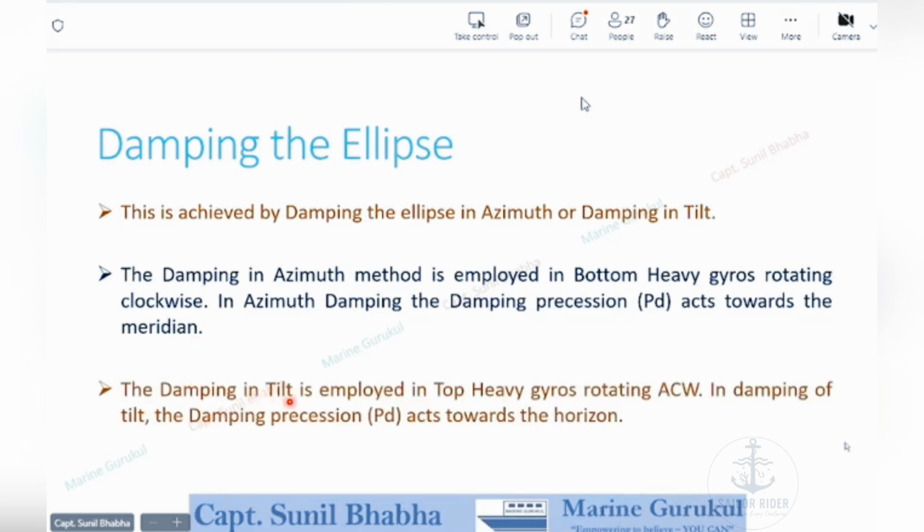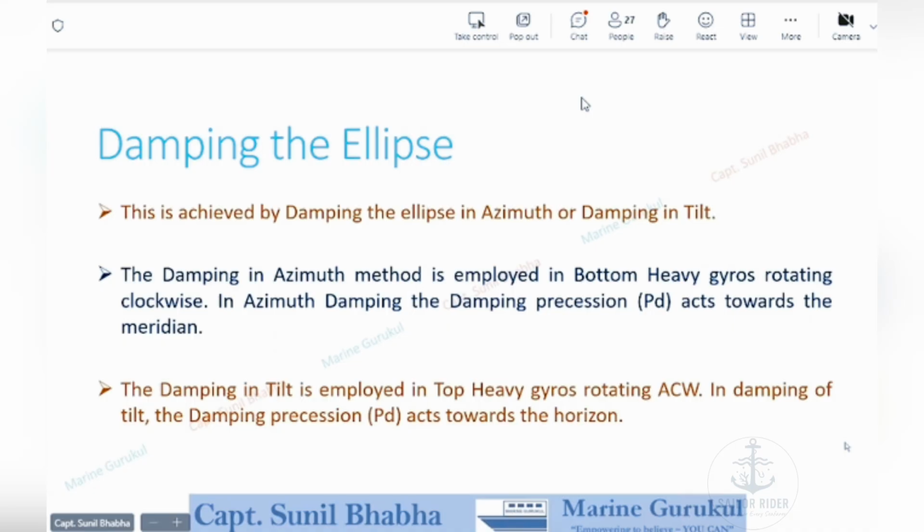Now the damping in tilt is the method used in top-heavy gyros. Top-heavy gyros are the ones which are rotating in the anti-clockwise direction when viewed from the south end. Now in this damping, the damping precession, this is the additional force which we have introduced when we dampen the ellipse, PD acts towards the horizon. It basically means that whenever the spin axis goes above the horizon, the damping precession tries to push it downwards back to the horizon.